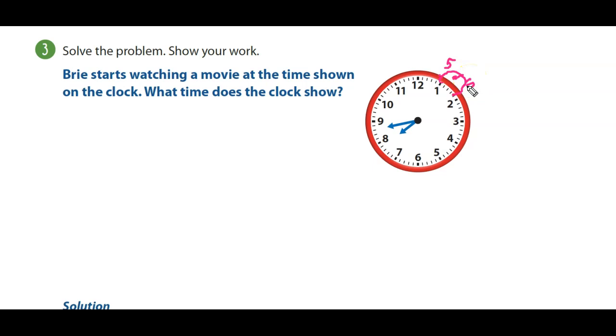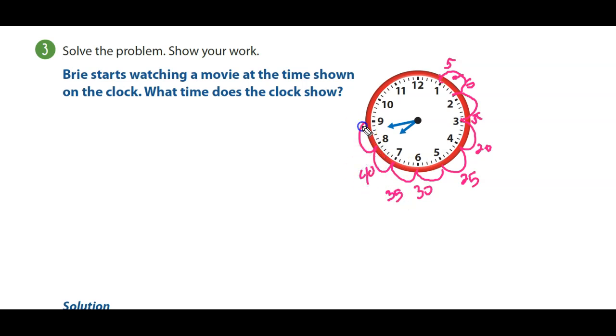Then 15. It's okay, you don't have to do it backwards. So 15 is from here. 20, 25, 30, 35, 40.